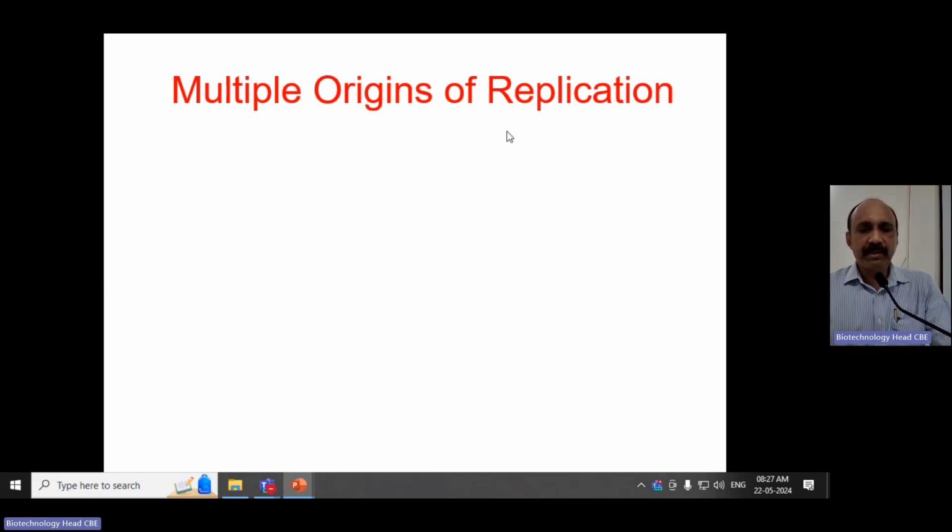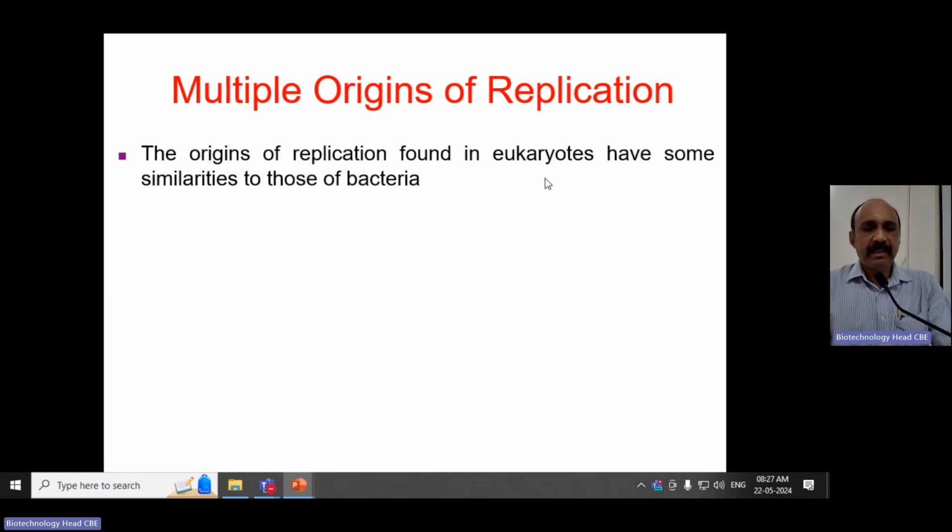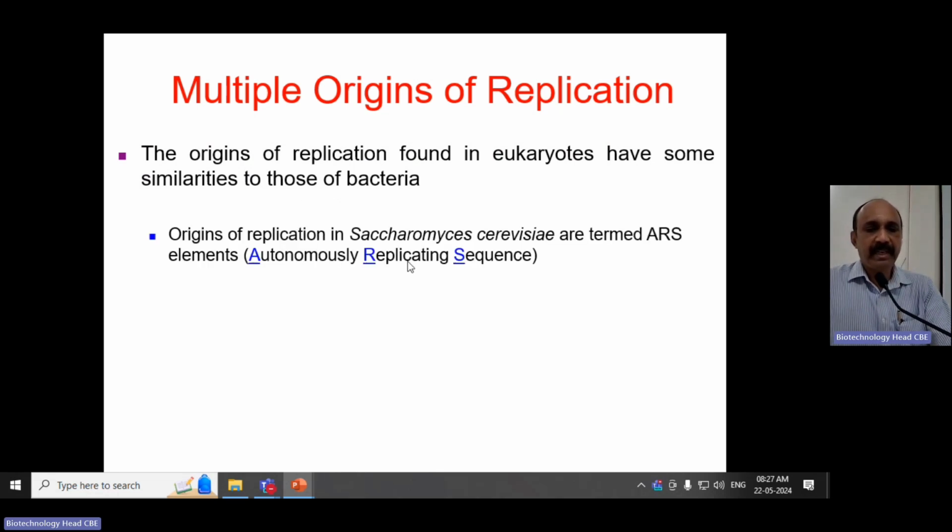So there can be multiple origins of replication found in eukaryotes, which have some similarities to those of bacteria. In yeast, it is called the ARS, or autonomously replicating sequence. Those origins of replication are called oriC in bacterial chromosomes, and in eukaryotes they are called ARS, or autonomously replicating sequence.